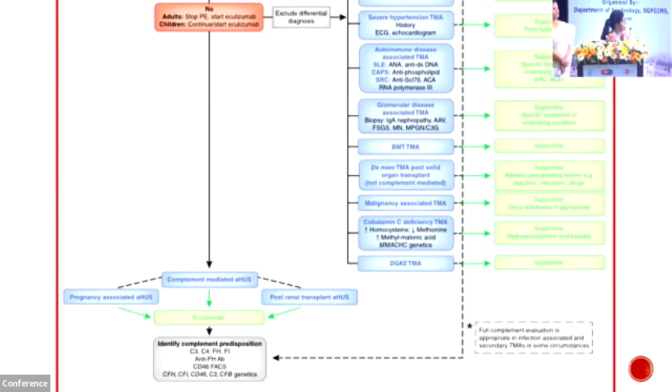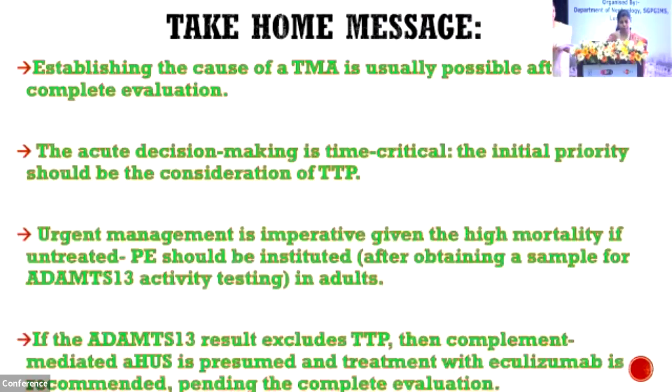Now, these three entities remain: the complement-mediated HUS, the post-renal transplant HUS, and pregnancy. Because there is a high proportion of patients who have complement-mediated abnormalities, these could go in for plex and eculizumab.